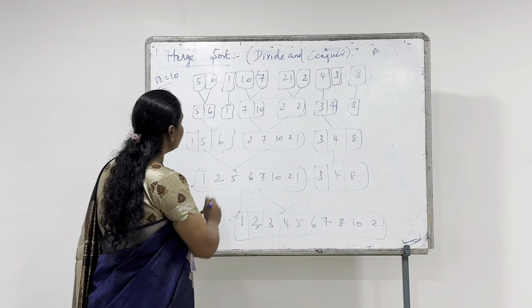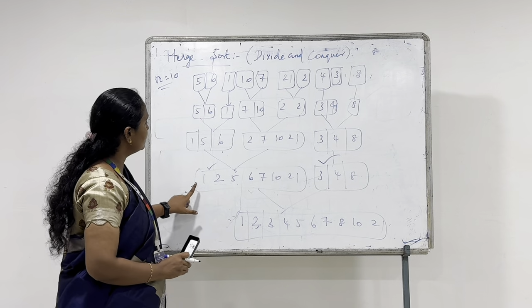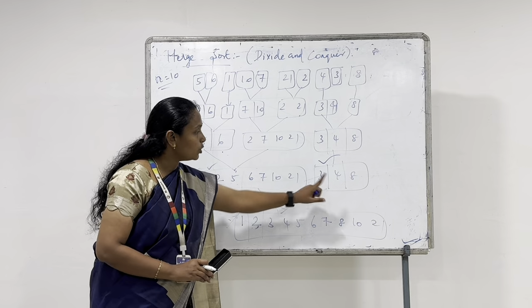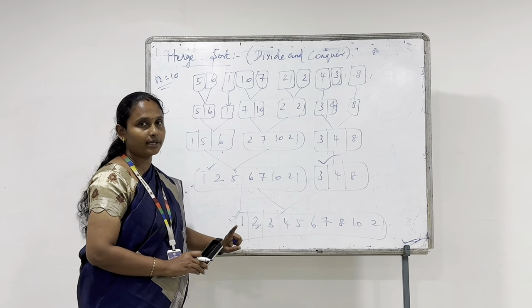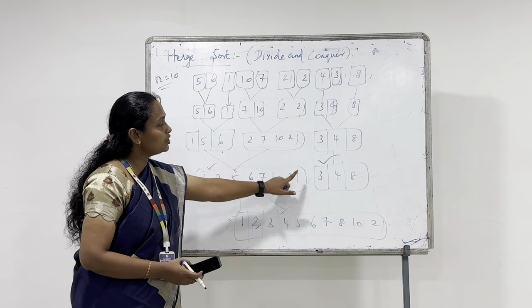For example, take these two arrays. We are going to implement merging for these two. This is one sorted array and this is another sorted array. We are going to merge these two sorted arrays.